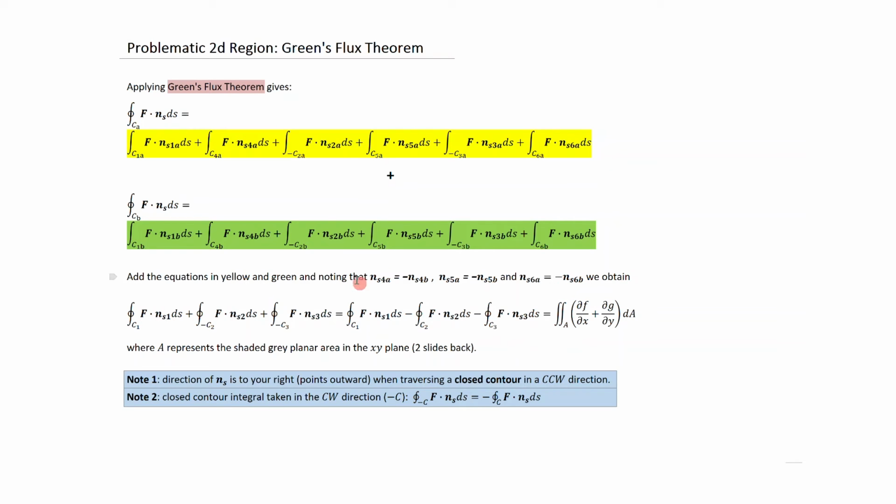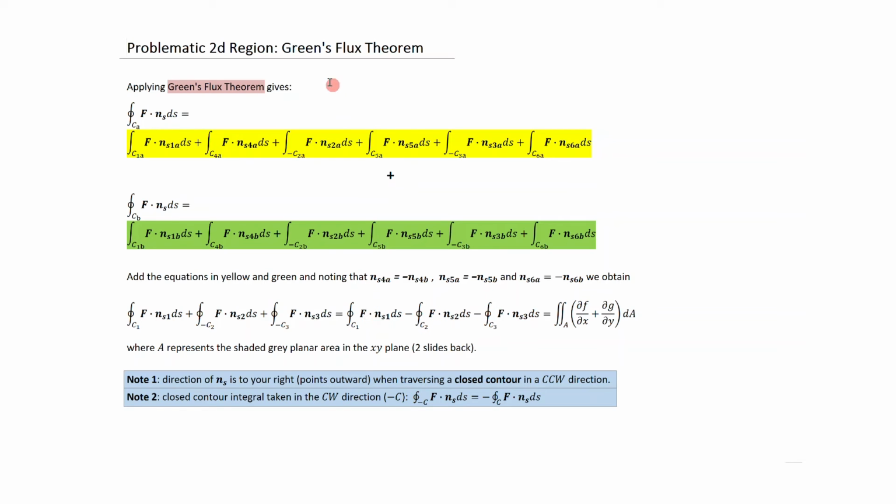And so when we add these two together, we'll get cancellation of those terms, leaving a final expression that looks like this, similar to the one we saw for the circulation theorem, minus C2 minus C3. But we can basically reverse the direction by putting a minus sign in front, in which case this just becomes C2 with a minus, C3 with a minus, and we end up with this expression.